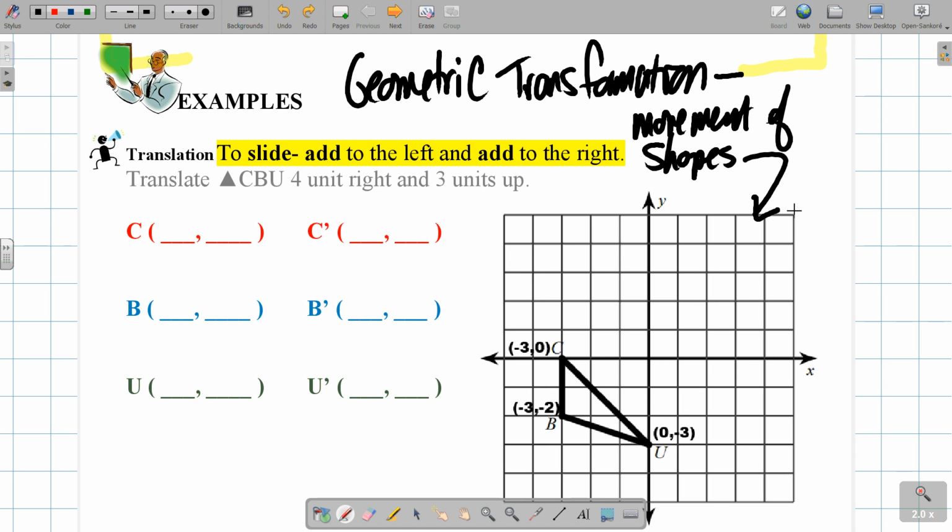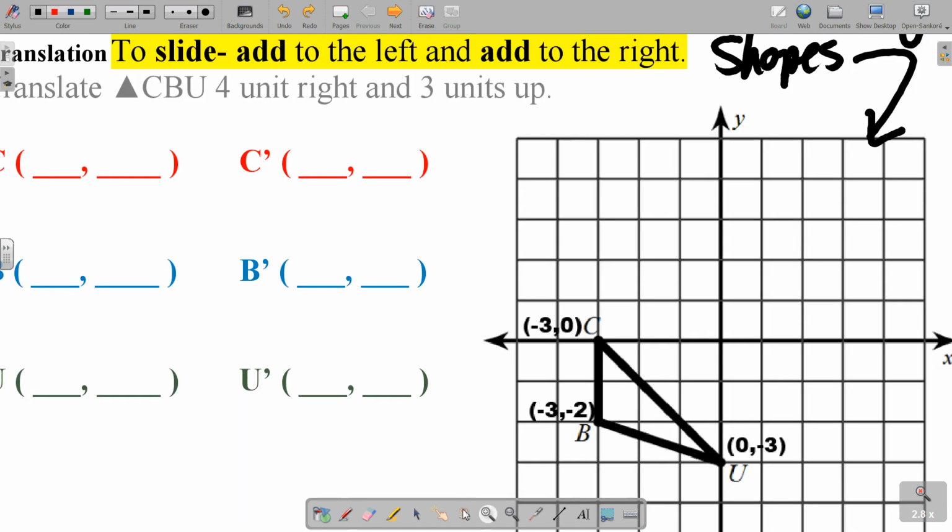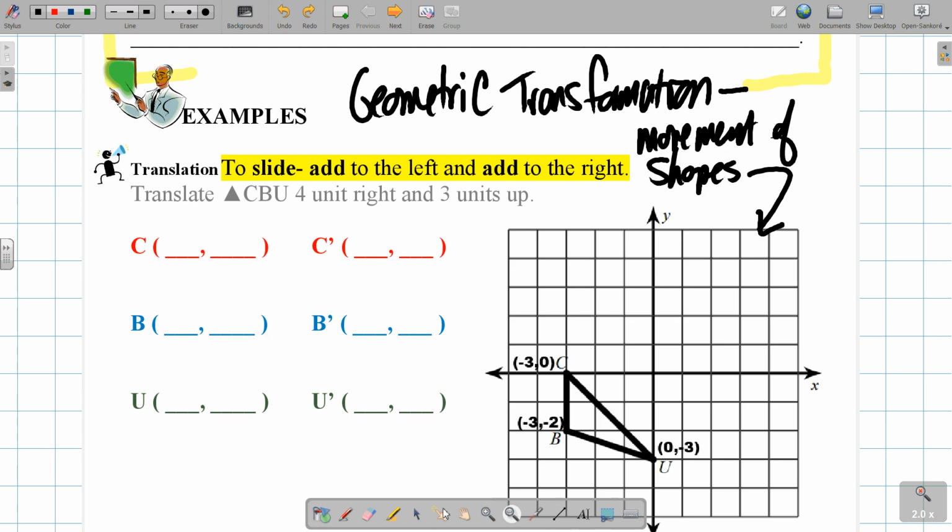And when you're doing computer programming and animation, you have to do it mathematically. You can't do it physically. So we're going to be talking about the very basics of how to move objects mathematically on a coordinate plane. We're going to start with the most basic one, which is translation.